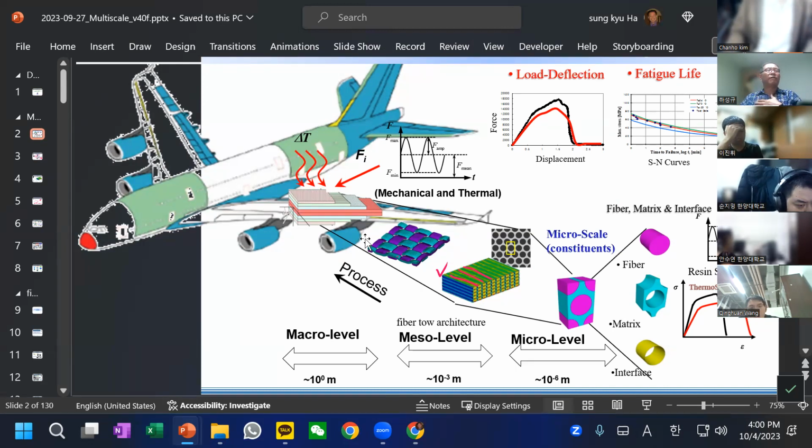Again, I just want to emphasize one thing. The airplane usually used to be made of aluminum. Now, if it is aluminum, can you change material property like a Young's modulus, 70 gigapascal? No, we cannot. All we can change is the shape.